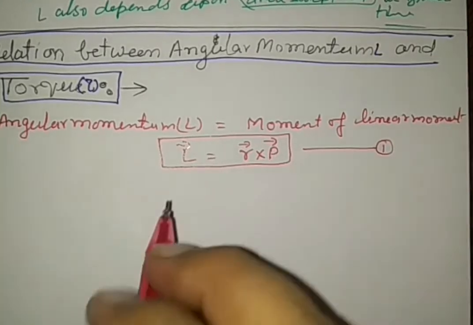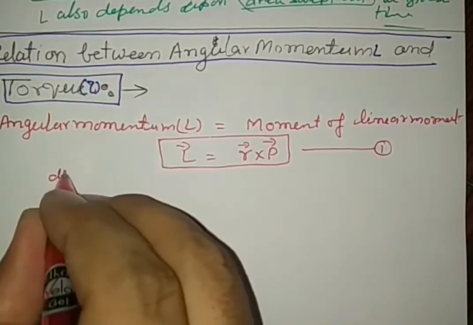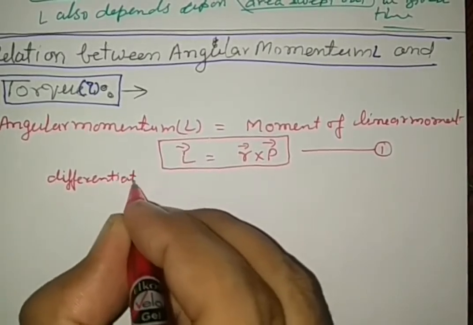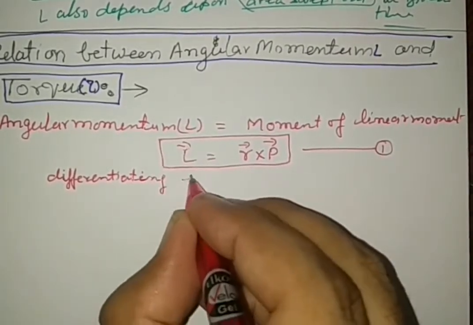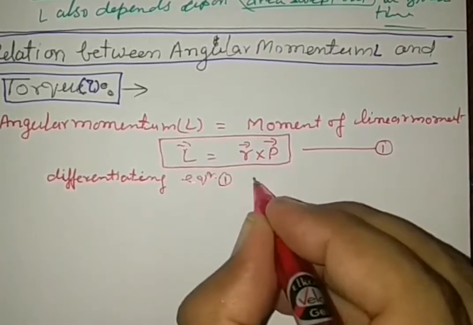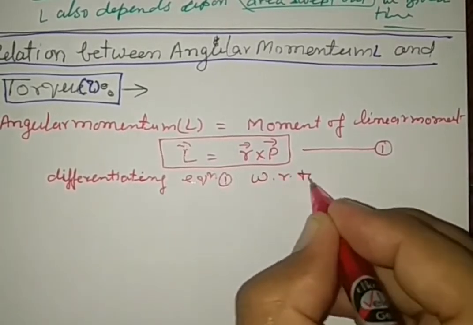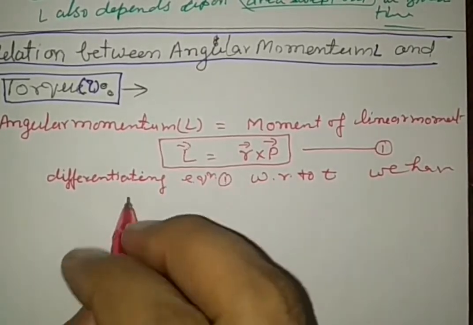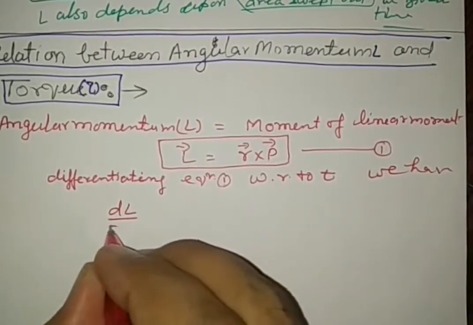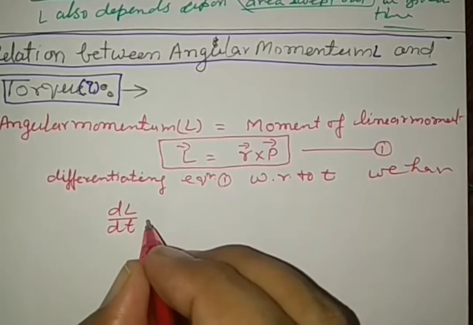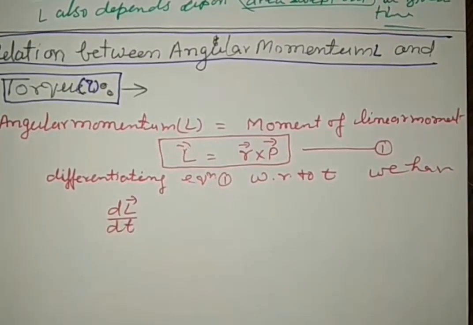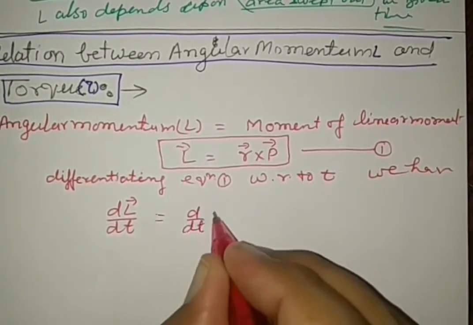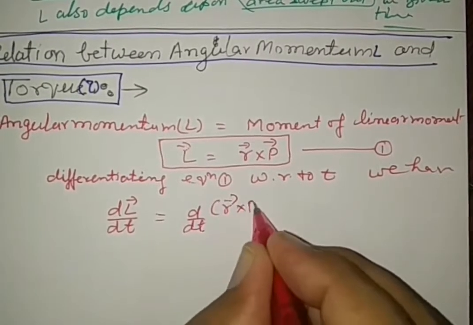Now we are going to differentiate equation 1 with respect to t. We have on the left hand side dL by dt, is equal to d by dt of r cross p.